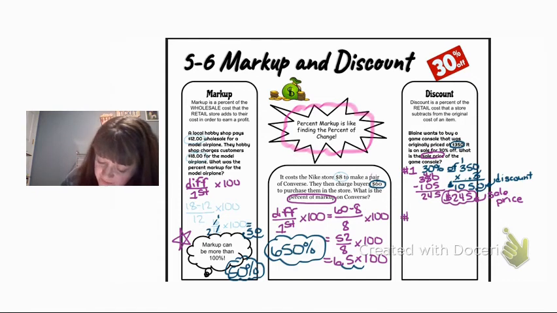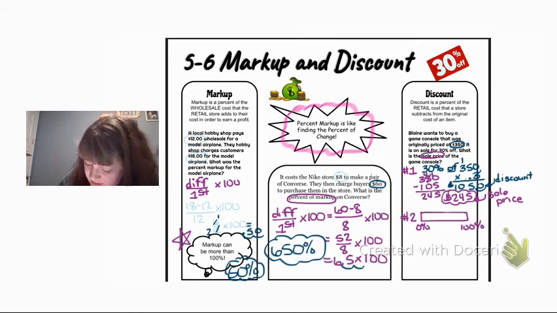Now, I told you there was a second way to solve this. So if we think of the whole cost as being 100%, and if it's 30% off, then that means they're going to take 30% and knock that off. That means that leaves you with paying 70%.